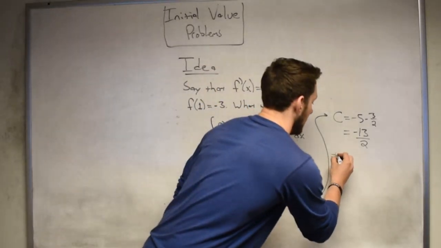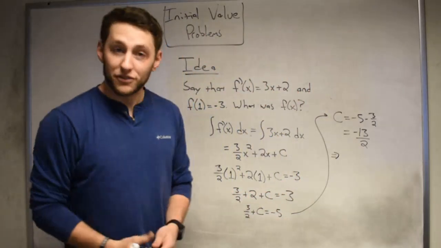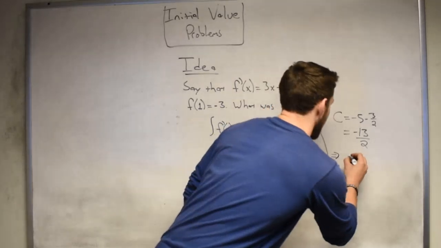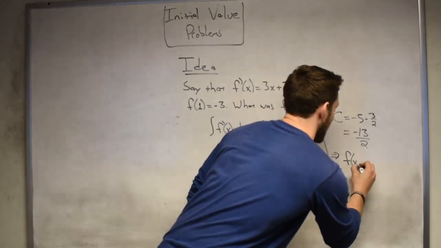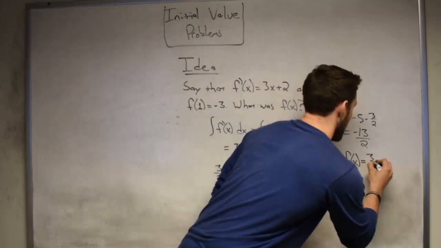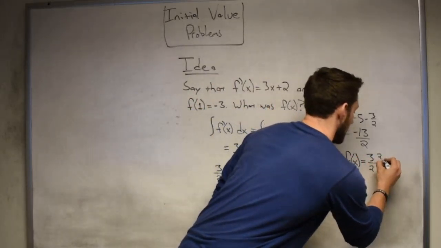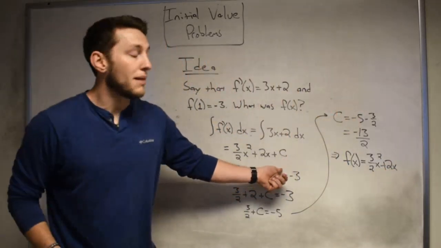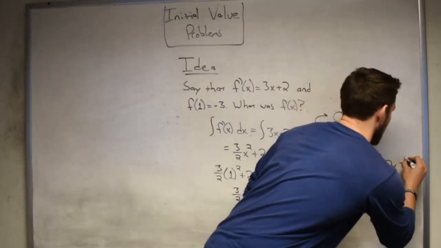Therefore, I could actually give you what my original function was, since now I have what c was. So therefore, f of x had to have equaled 3/2 x squared plus 2x minus 13/2, plugging in for c.